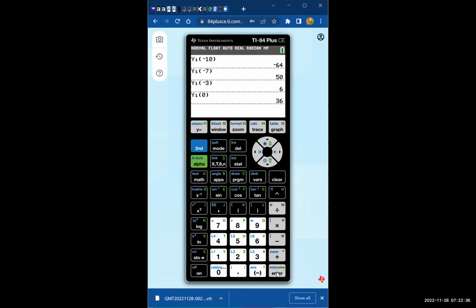So I'm going to write down on my other sheet, negative, plus, plus, plus.